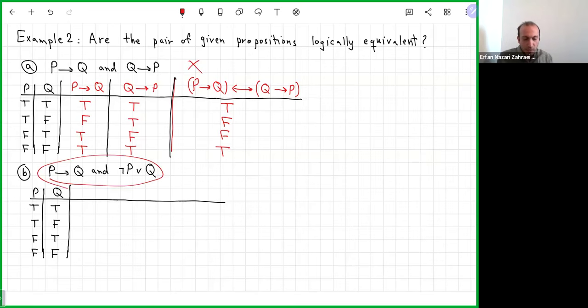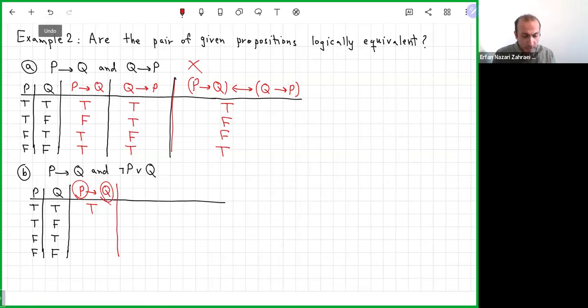But let's now do this one. So let me write P implies Q, which is basically the same. It's only false if P is true and Q is false. That's this row. And the others are true. Then I need not P. Not P is false, false, true, true. I flip the values in this.